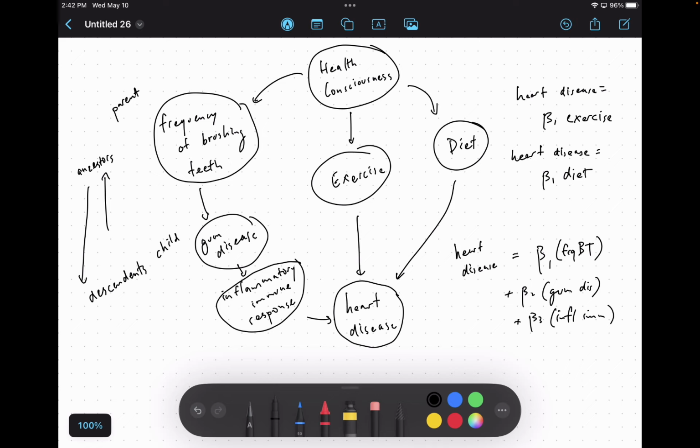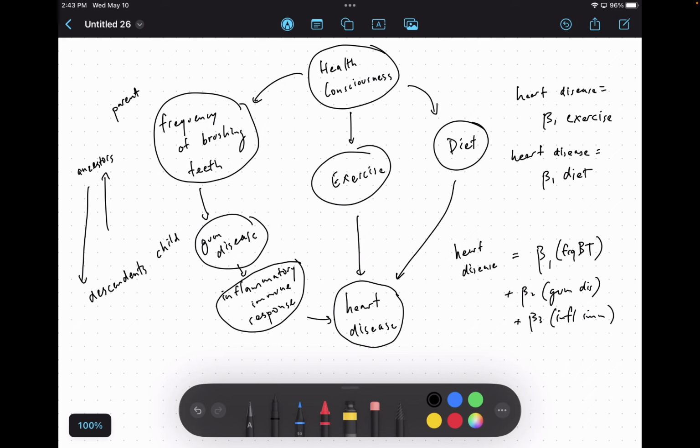So let's walk through this slowly. When I look at this model individually, the issue is that here we're basically saying heart disease is being attributed to these things, right? Only the first one.